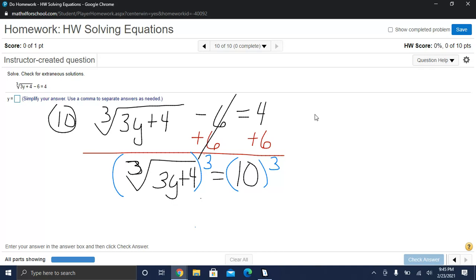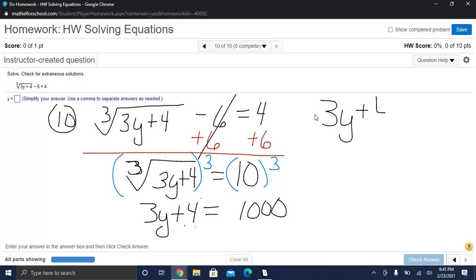So that will cancel the third root, leaving me with 3y plus 4 equaling, and then 10 times 10 times 10 is actually 1,000. So this is very similar to your last one. 3y plus 4 equals 1,000. I'll need to minus 4 to both sides of my equal sign. Just a little bit bigger number.